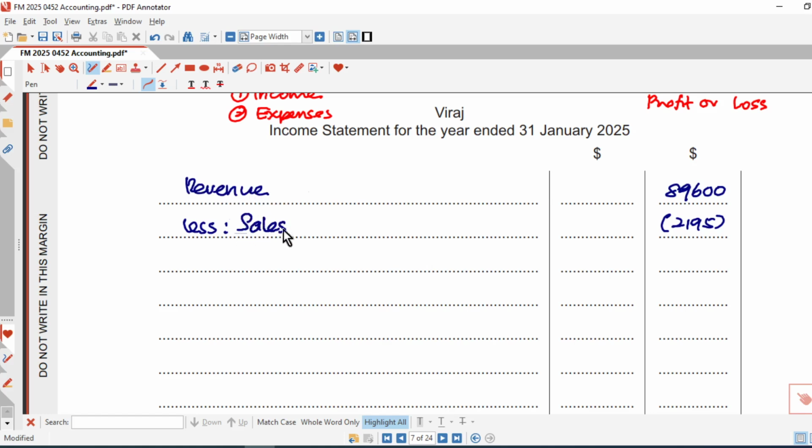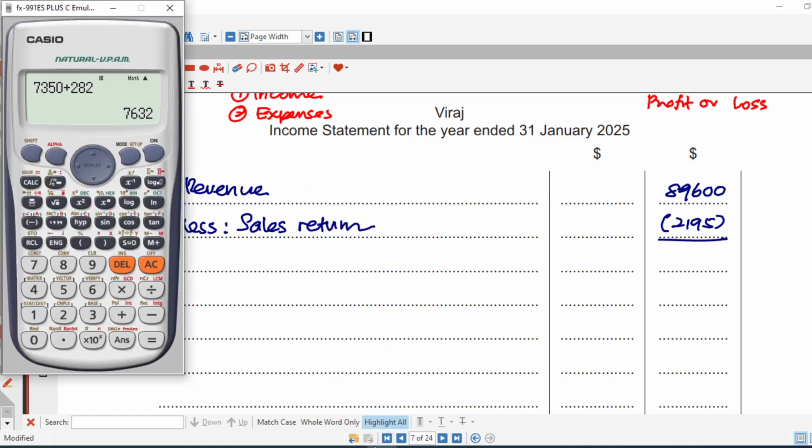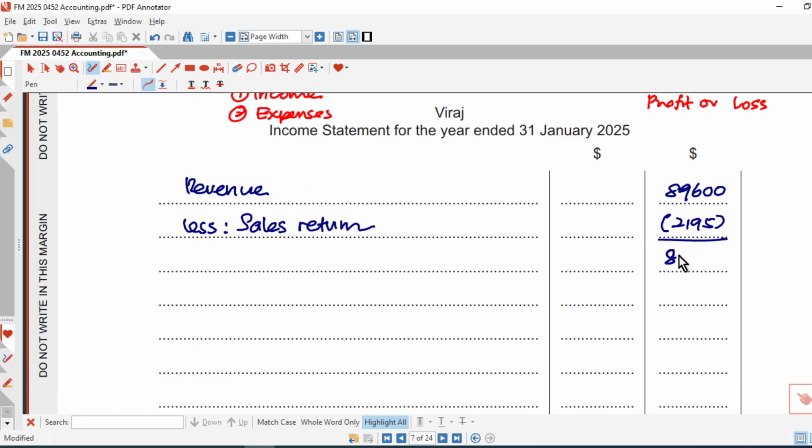So less sales return. Usually I put the brackets there just to indicate that this is a minus figure. So 89,600, get rid of 2,195, you get 87,405. That is your net revenue.